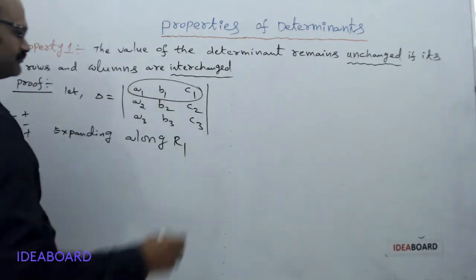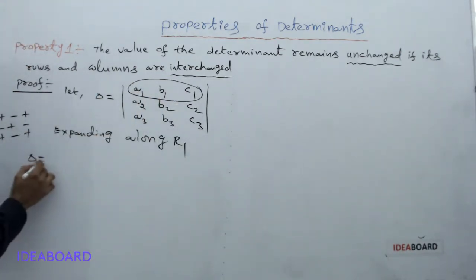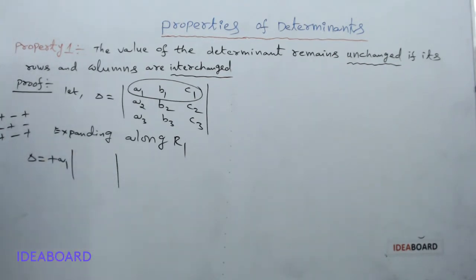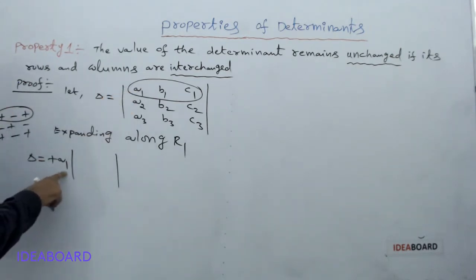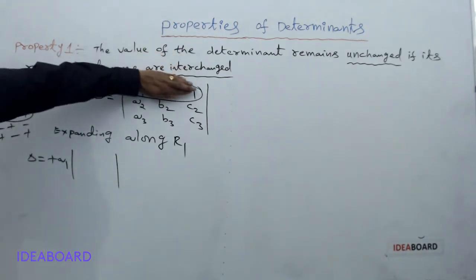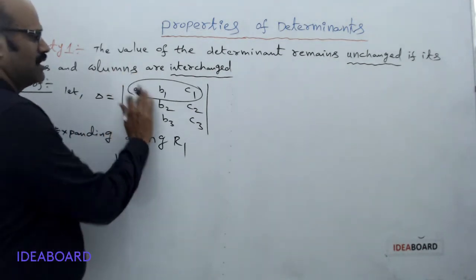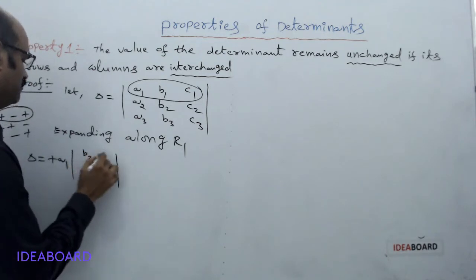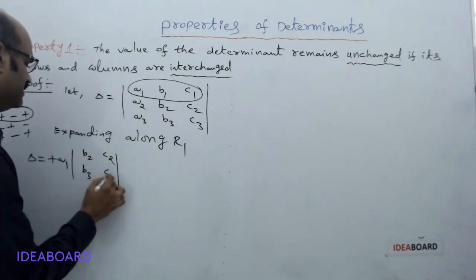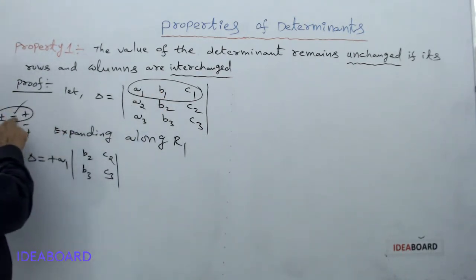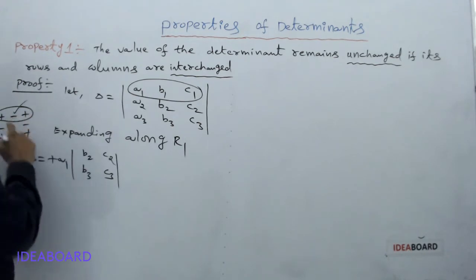Now here, delta equal to plus A1 into determinant of, we have to take the signs plus, minus, plus. So first plus A1 into the minor of A1. The minor of A1: close the first row and first column, so we have the remaining 4 elements B2, C2, B3, C3. Now the second sign is minus. For B1 we take the sign minus.